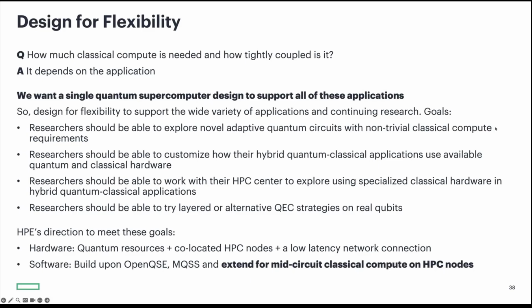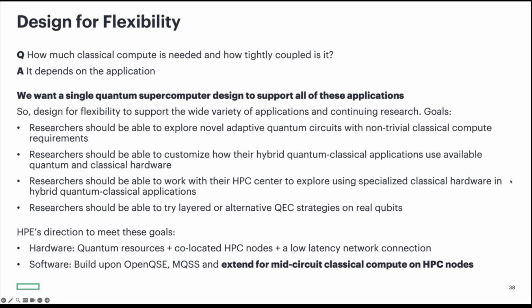But they're based on those same applications. We'd like to be able to do mid-circuit, non-trivial amounts of classical compute. We'd like to be able to do explorations of quantum error correction, maybe not as efficient as what's built into a quantum resource, but available for people to do experiments.